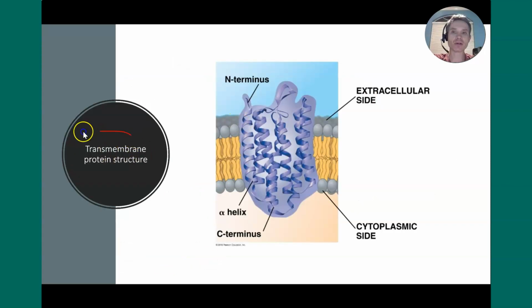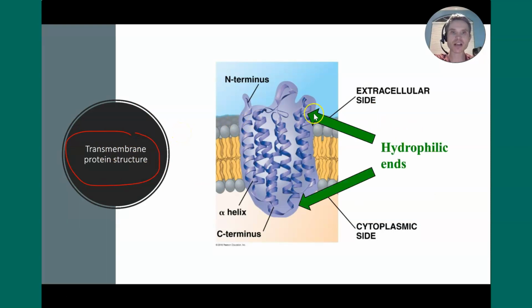The transmembrane proteins, or the integral proteins, have very unique properties. You notice that the ends here, these are the hydrophilic ends, they are going to be pointing out to the water, because there's water here on the intracellular side, and there's water here on the extracellular surface of the cell.